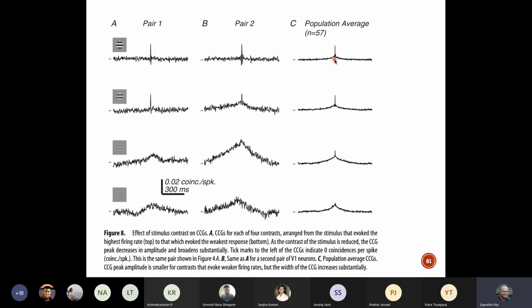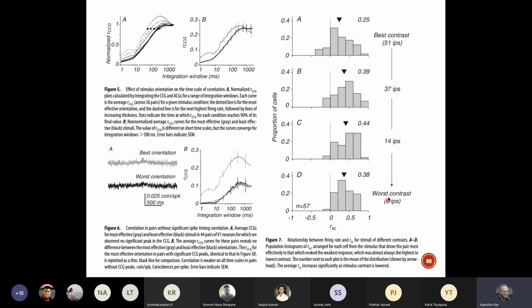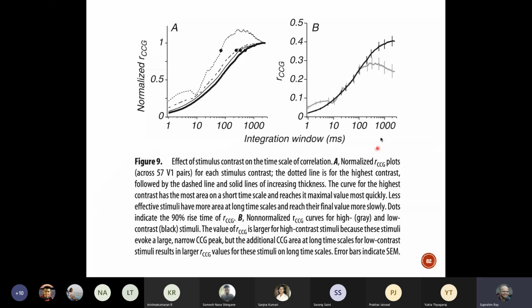And that is also shown here, that at lower contrast, the spike count correlation is actually higher than at higher contrast. It's 0.25 here and it's about 0.4 here. And it's quantified here as well.